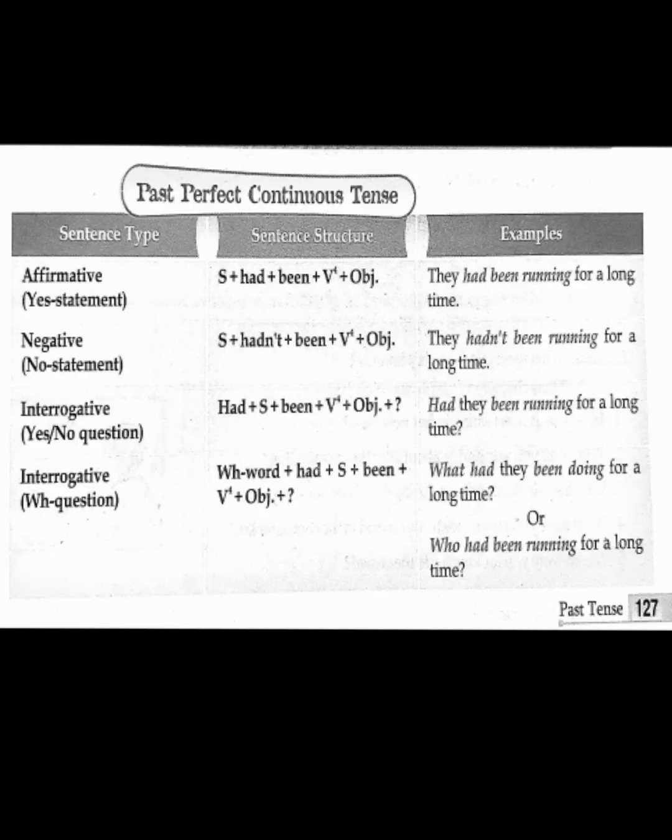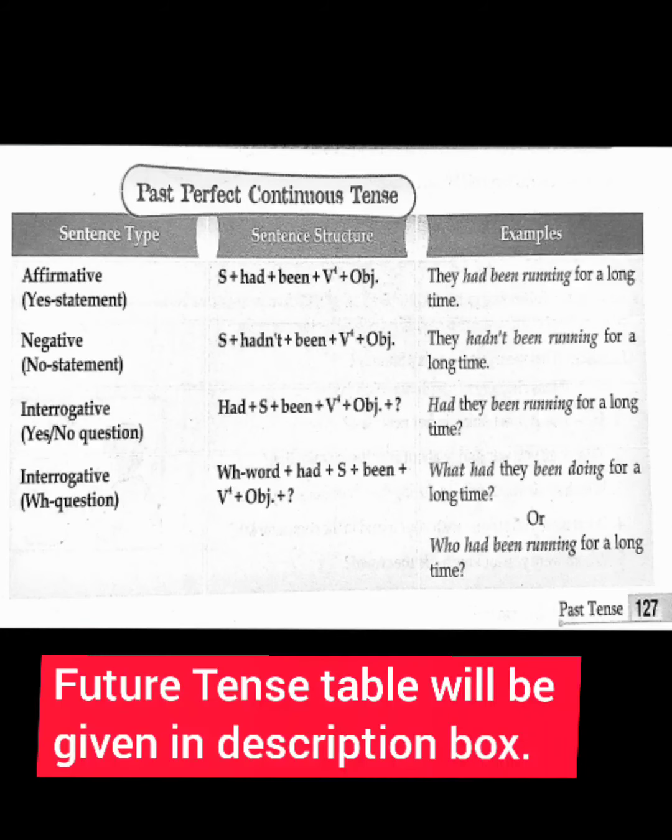Question mark. Or we can change it this way: Who had been running for a long time? Question mark. So just by using what and who, we can transform our sentence into an interrogative sentence.